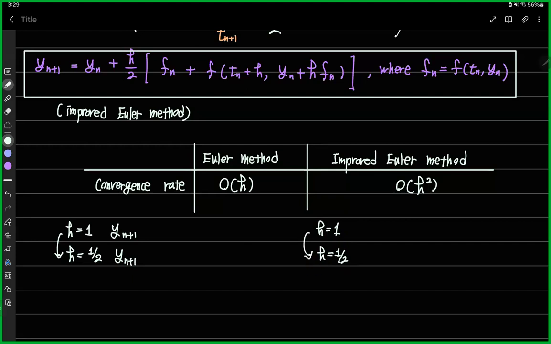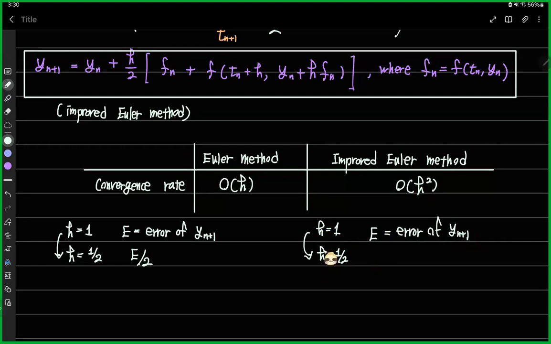But for the improved Euler method, as h is decreased by half, let's say E is the error of y sub n plus 1.